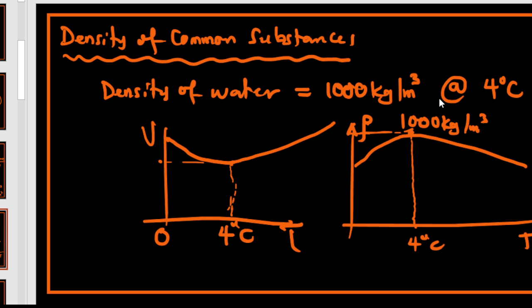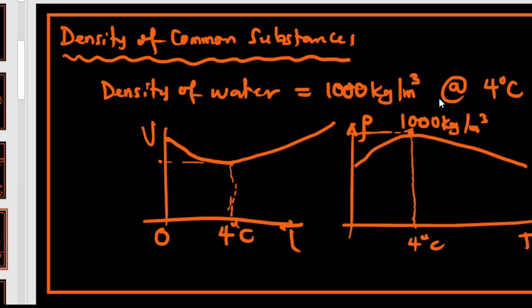So can water have a density greater than 1000 kilogram per meter cube? The answer is supposed to be no, because 1000 is the maximum possible density of water. But how can it be possible that we have higher density when we have the presence of some impurities? A very good case is seawater.